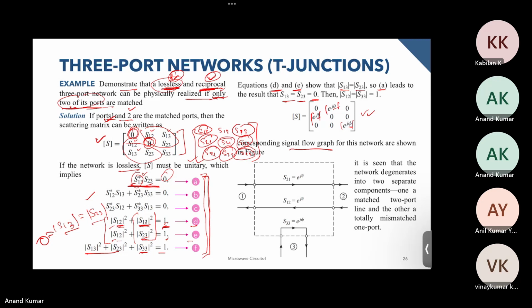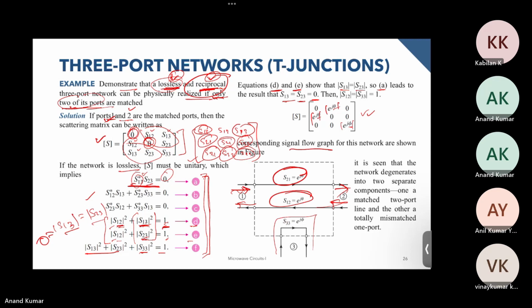And if you look closely at this particular network, whatever signal you send in over here is received at the other port as well, because this network has S21 equal to S12 for reciprocity. And S33 becomes isolated.